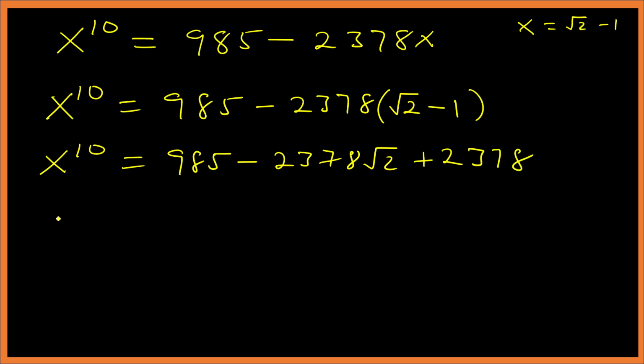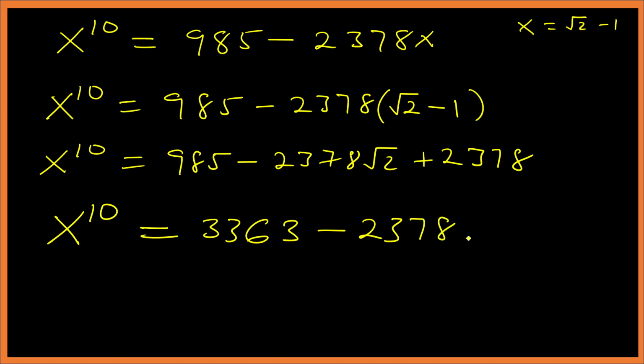So my final answer: x to the power 10 is 985 plus 2378, so that will be 3363 minus 2378 root 2.